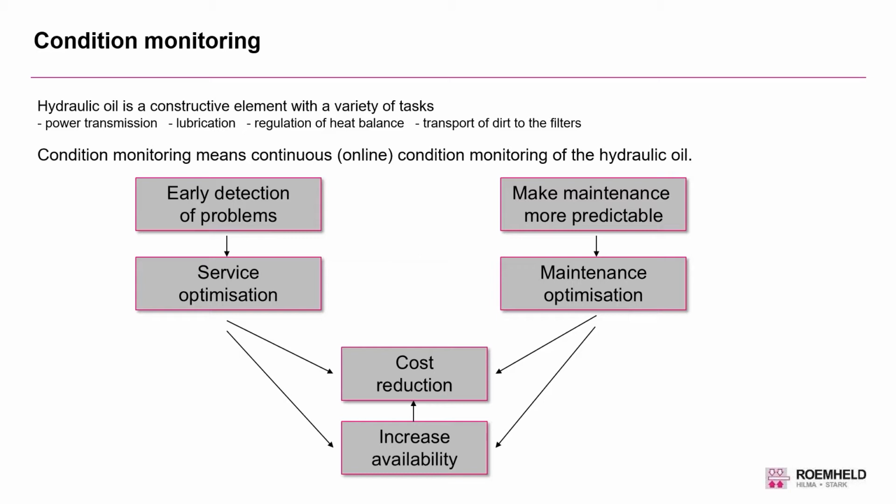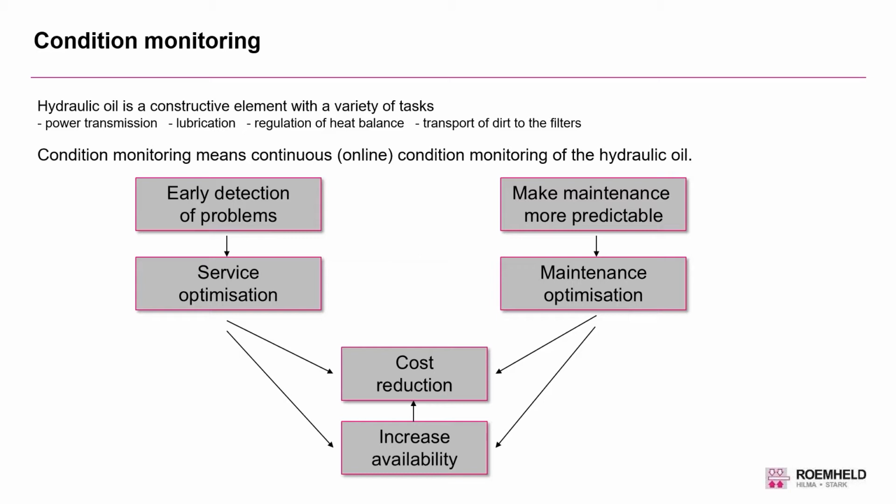So condition monitoring means a continuous and therefore also online condition monitoring of hydraulic oil. And you see this graphic which shows one thing is the early detection of the problem, and this is leading to a service optimization. On the other hand, we have to make maintenance more predictable.